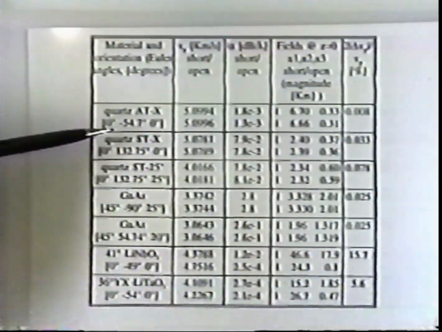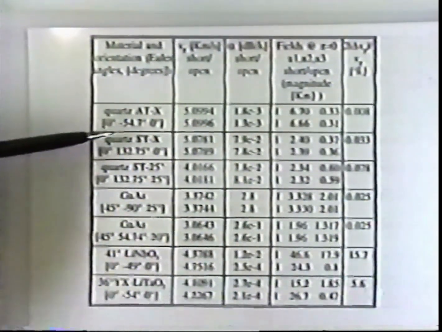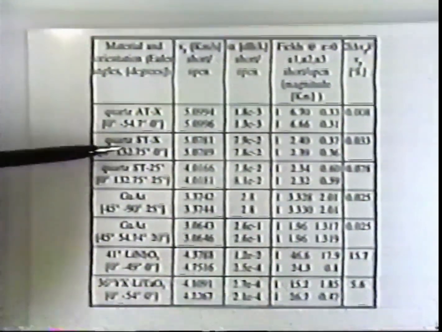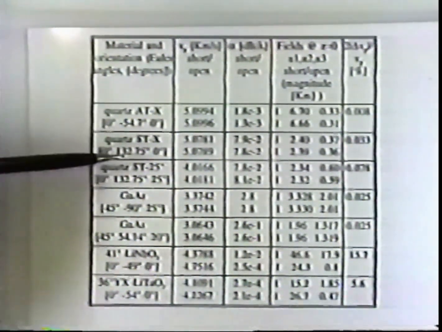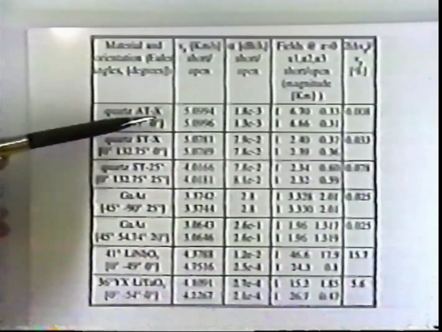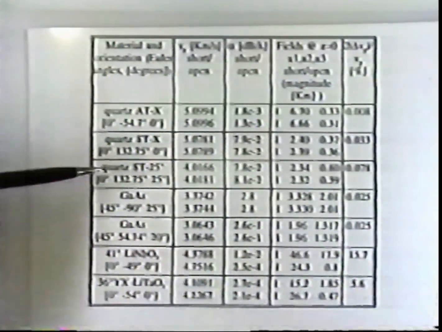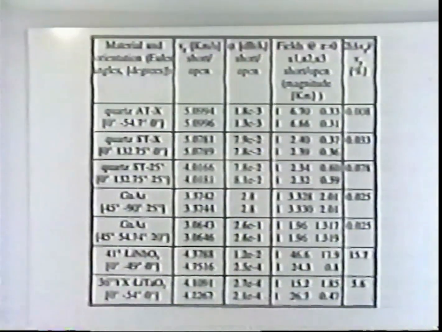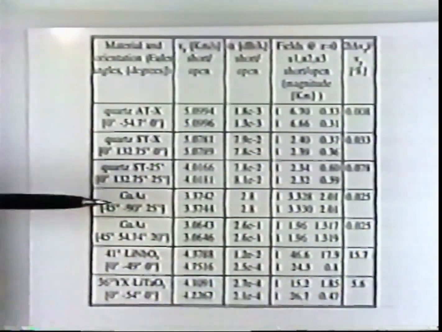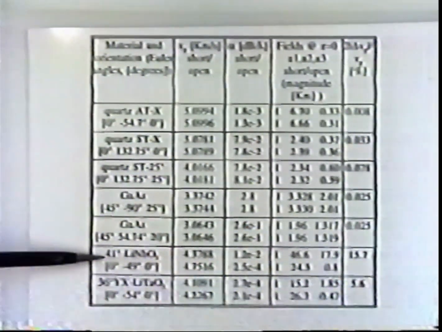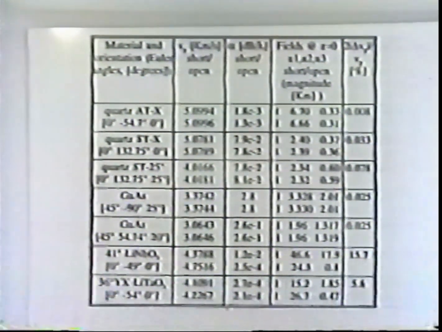By the way, some of the stuff that I have distributed has been published, and some of it will appear shortly. Quartz ATX propagating, quartz STX, we're dealing with 5 kilometers per second velocities, and here is the lithium niobate that we had before. In addition, there is the gallium arsenide.